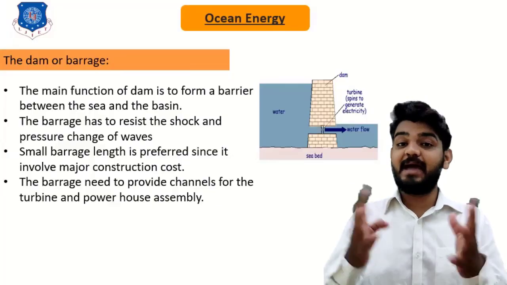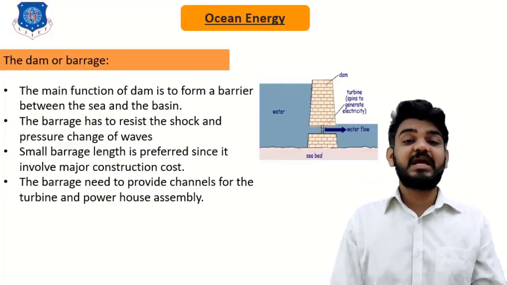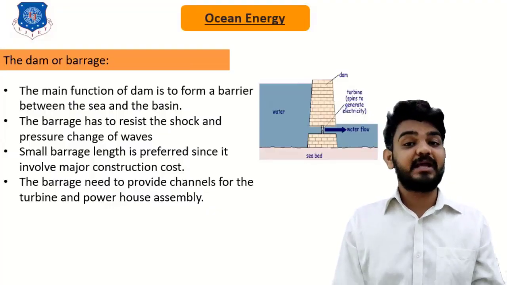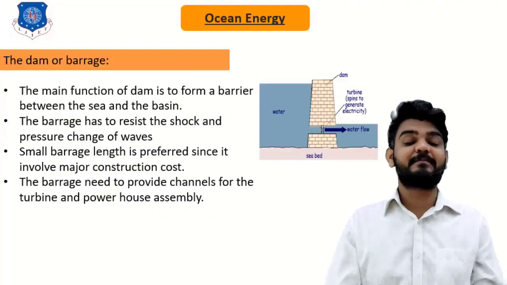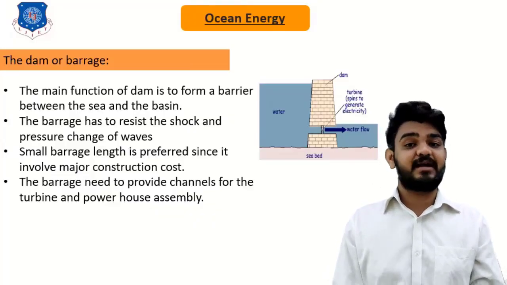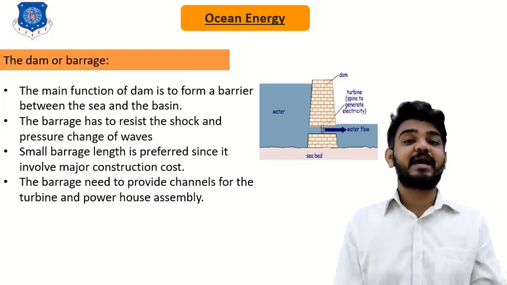A small length of dam is preferred since it involves a large cost of construction, which ultimately increases the cost of the entire tidal energy power plant. This dam or barrage section has to provide channels for the powerhouse and sluiceway so that water can flow through it.